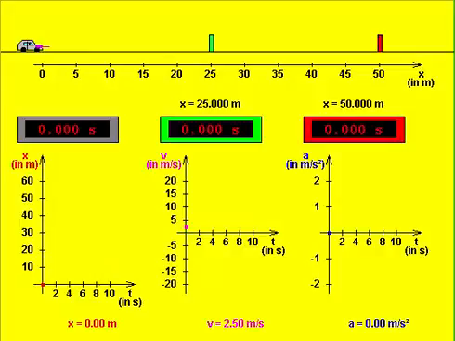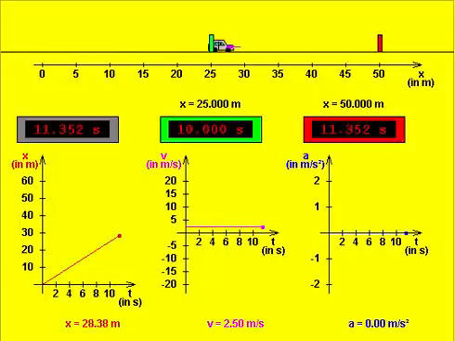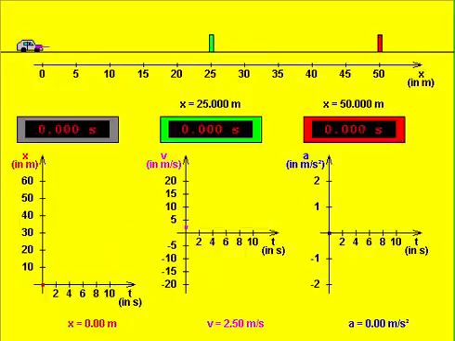Reset it. Let's go for the sixth trial. Alright, take your measurements now, reset it. Let's go for the 7th trial.